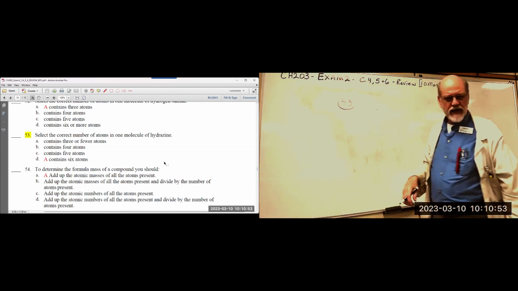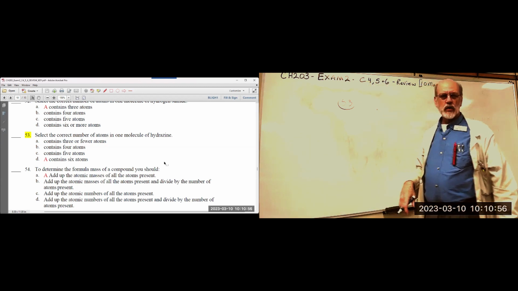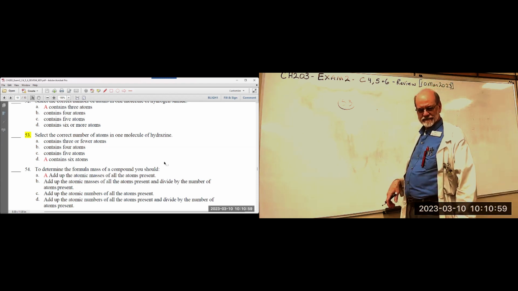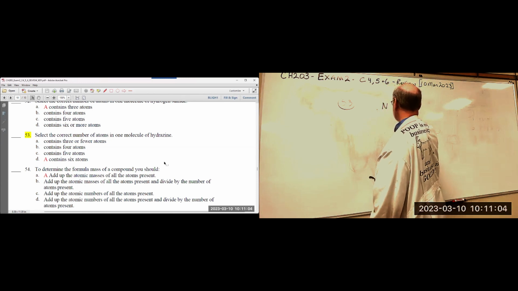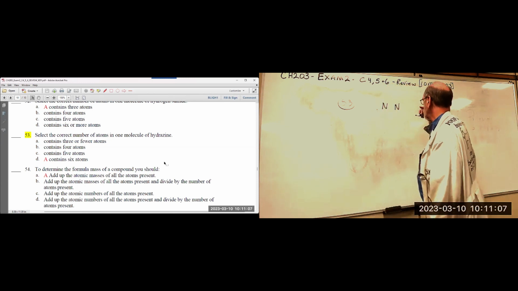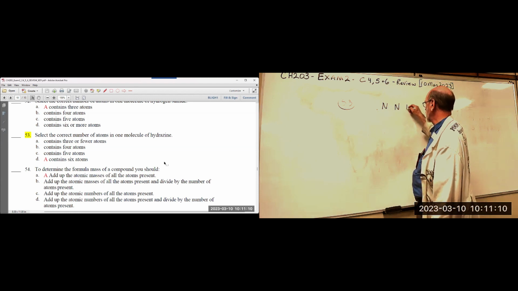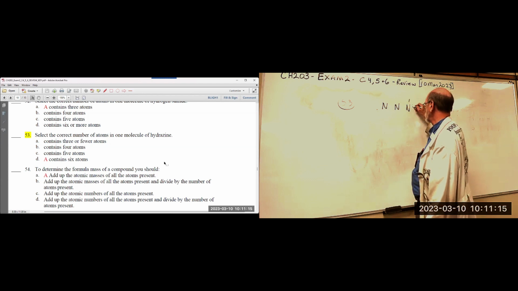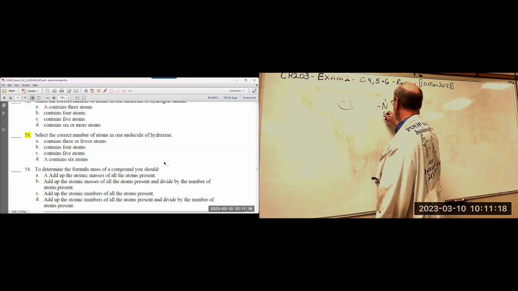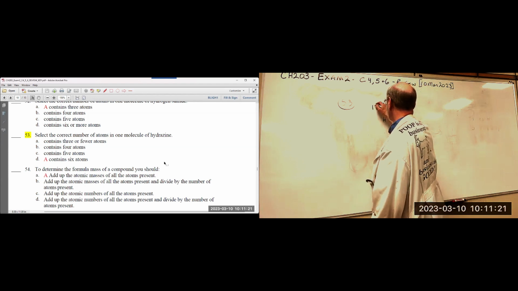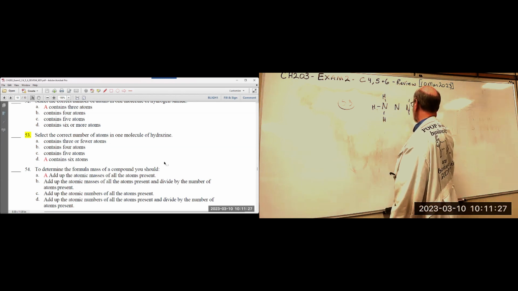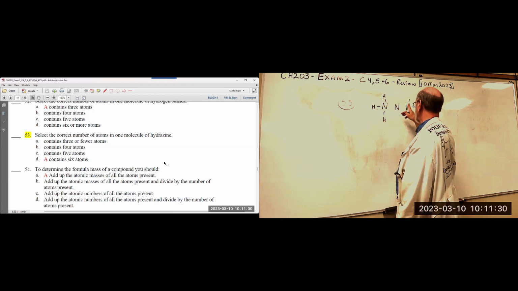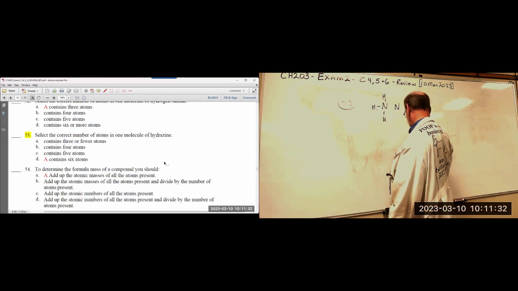The correct number of atoms in one molecule of hydrazine. Ooh, what's hydrazine? I think it's that. And then, see, 2, 4, 3, 7.